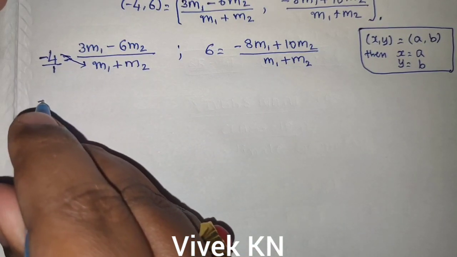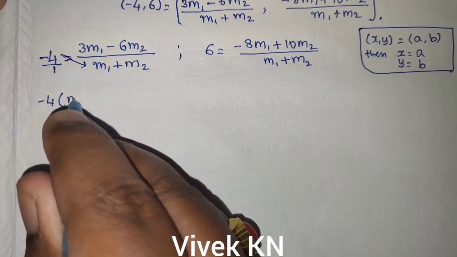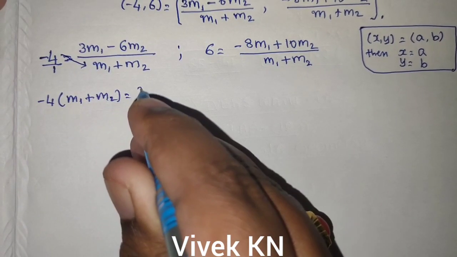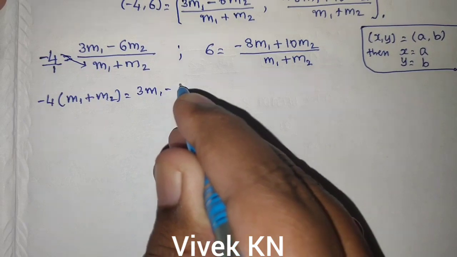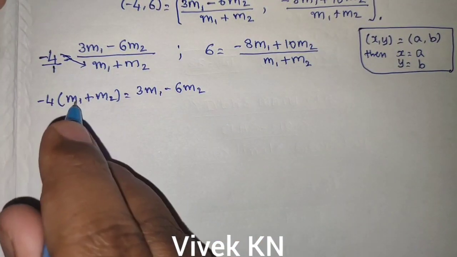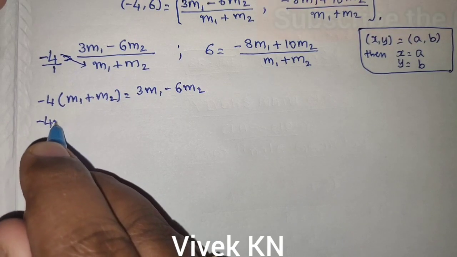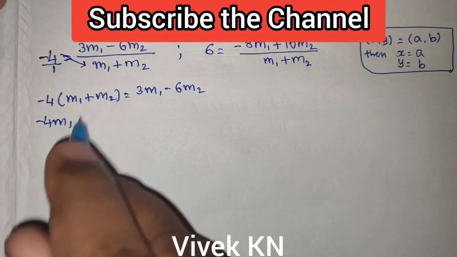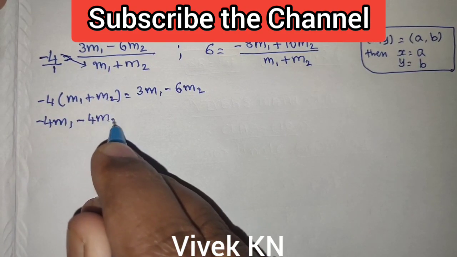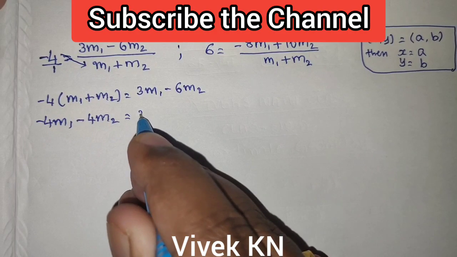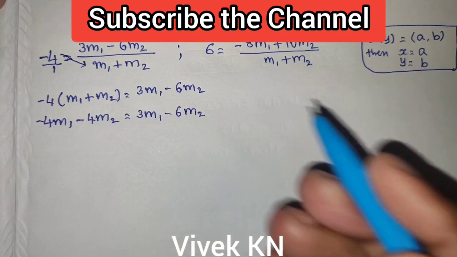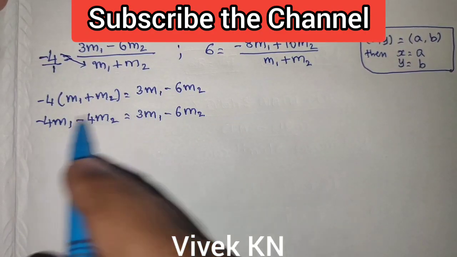That is, -4 into (m1 plus m2) is equal to 3m1 minus 6m2. -4 into m1 is -4m1, plus into minus is minus, 4 into m2, 4m2, which is equal to 3m1 minus 6m2. Now let us rearrange these terms.